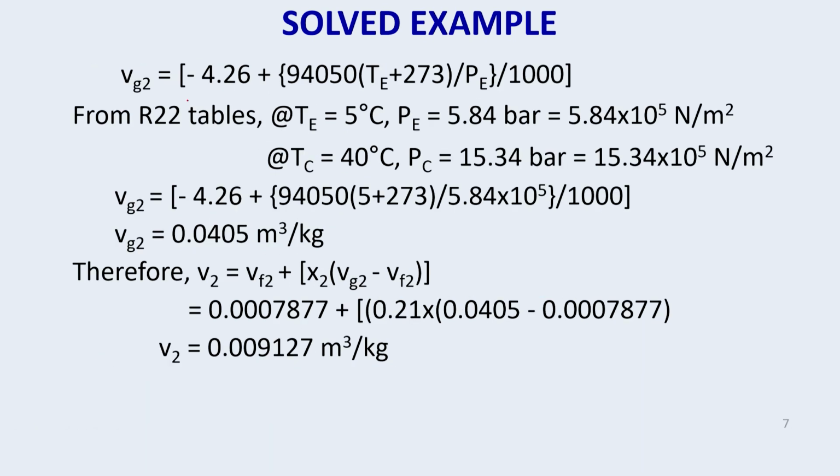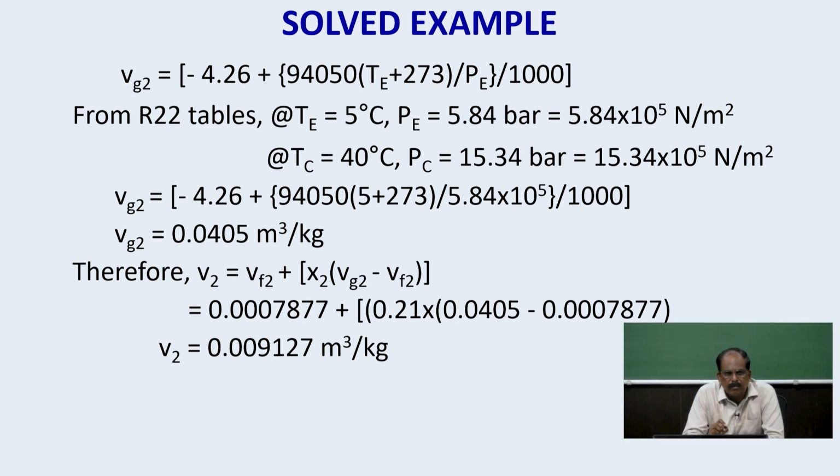Then I am finding the vapor, gaseous state specific volume. What happens during the throttling process? During flashing, some liquid will be converted into vapor. So we need to take it as a two-phase region, both liquid and vapor.